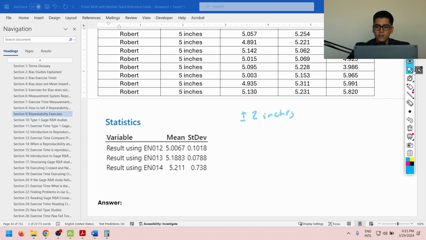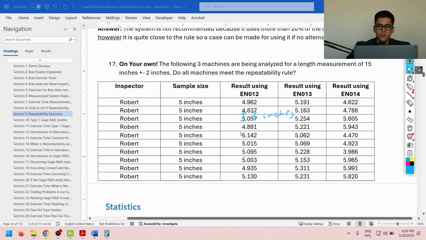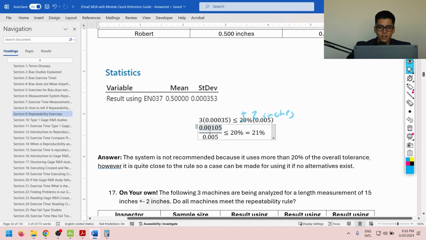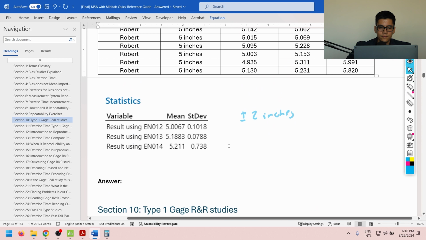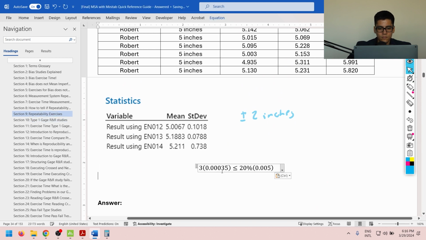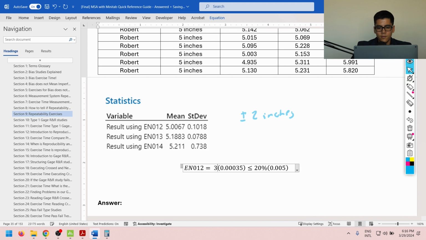I'm now going to do the calculations for each one individually. So let's copy this output. Okay, and for EN012, we're going to have the following. 3 times its standard deviation of 0.10, just going to round it up, 0.10, needs to be less than or equal to 20% of 2 inches.